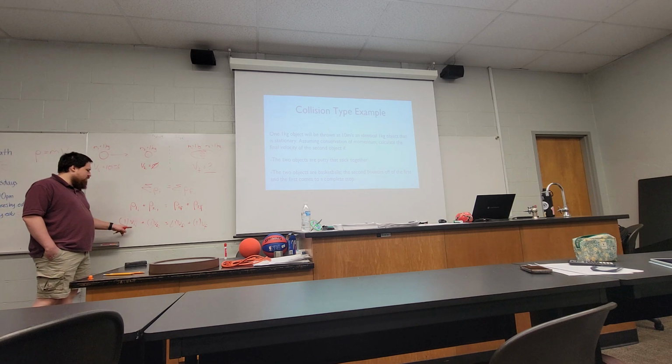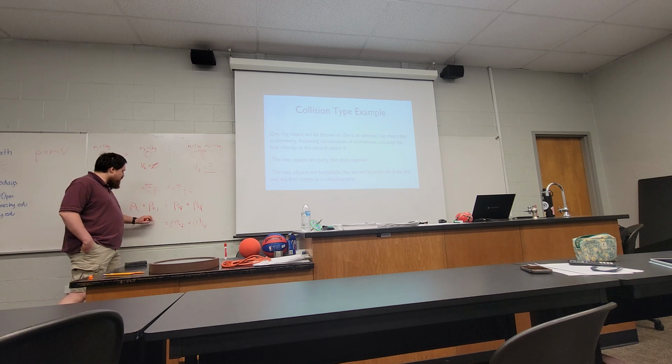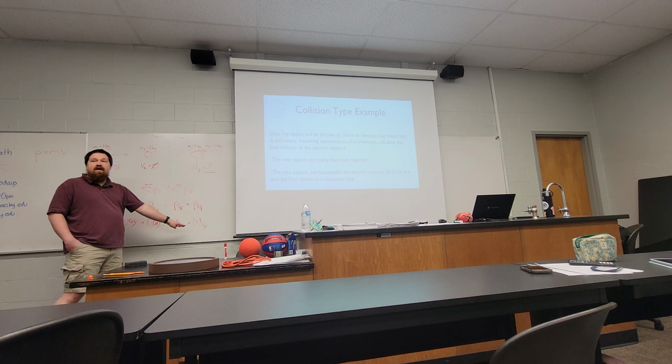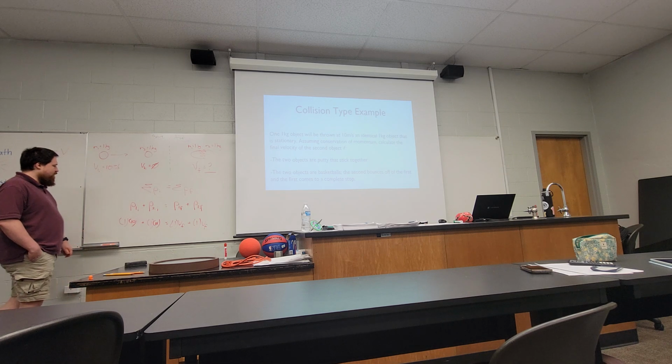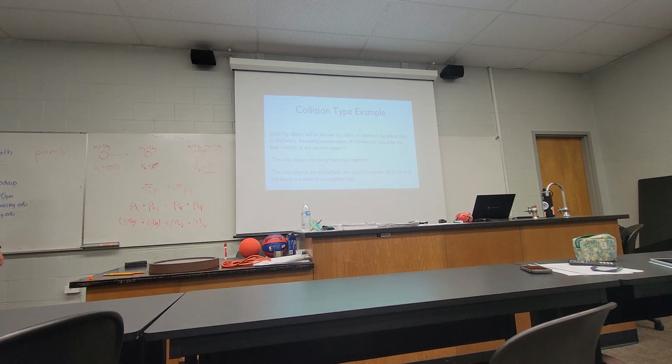And our two initial velocities, we've got 10 for the first object and 0 for the second. And they will once again, as before, share a currently unknown but common VF. Any questions or issues with setting this up, how it is similar from the previous example?